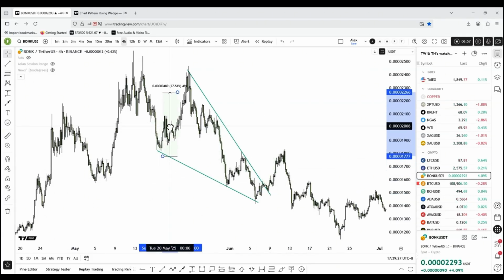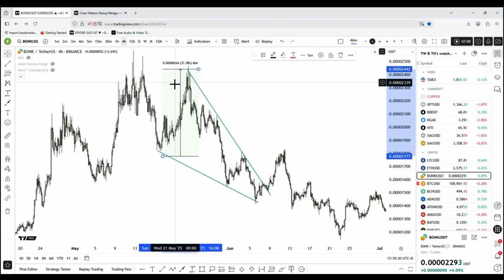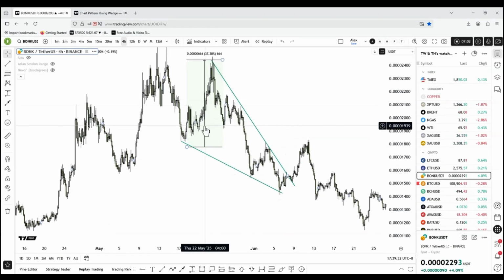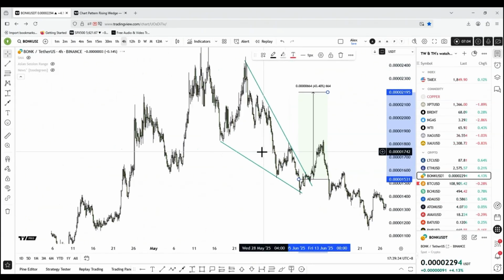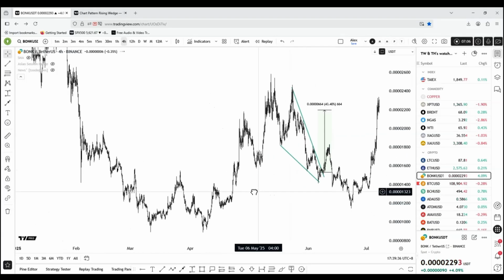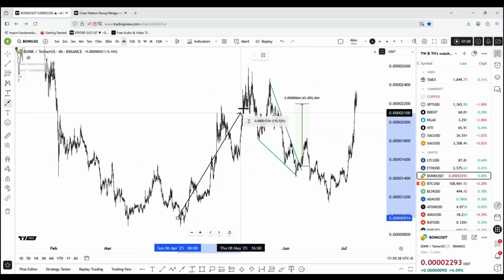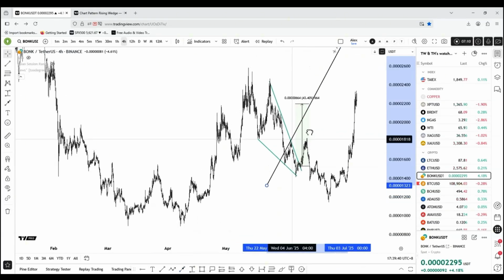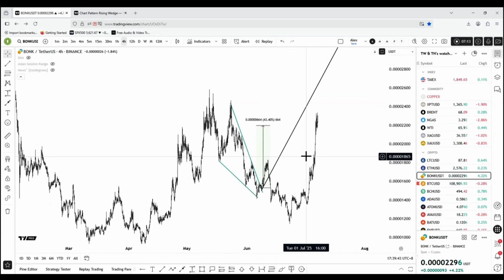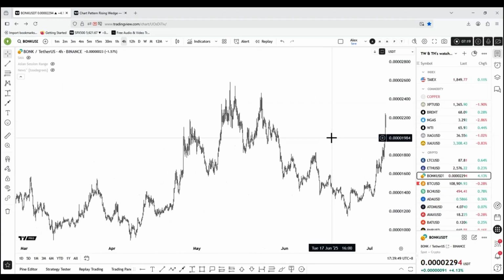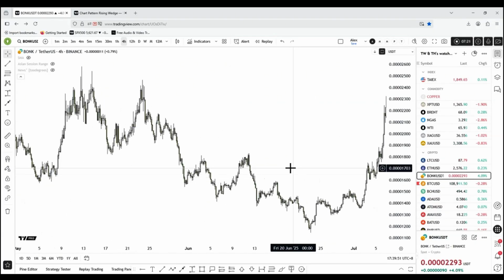And if one would have followed the textbook example and measured the base, even worse. And if one would have assumed we're going to have this kind of move, then you were definitely disappointed.